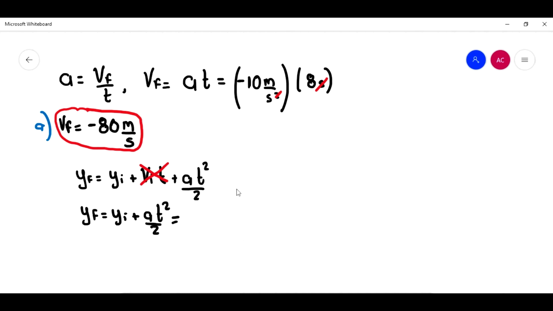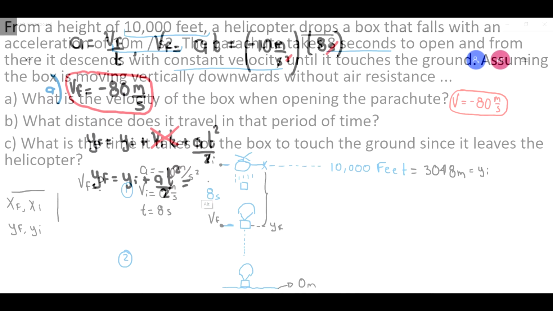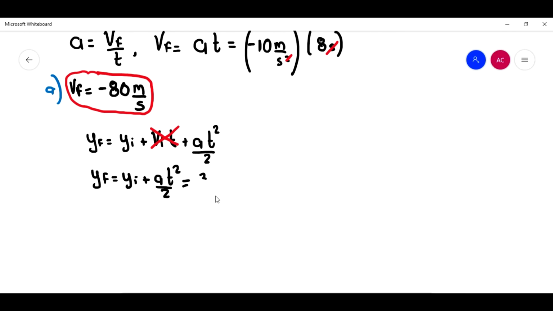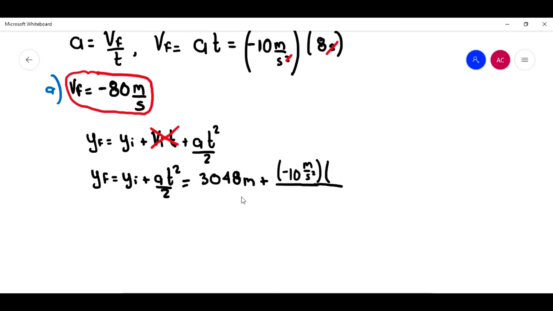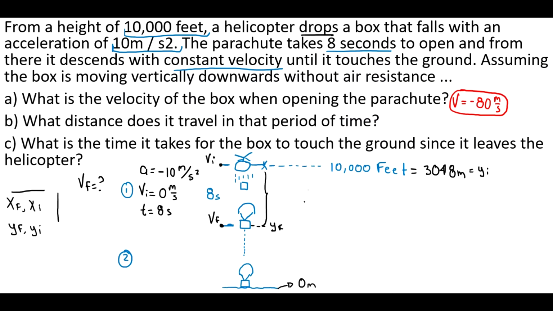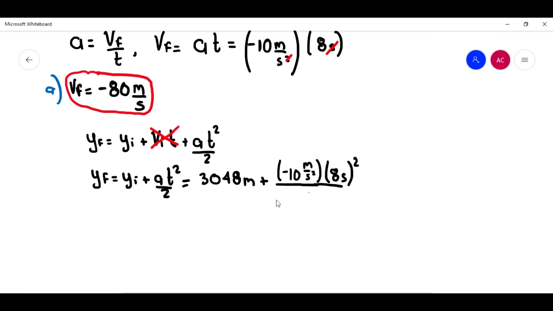So the substitution will be 3,048 meters plus a fraction, the value of the acceleration, minus 10 meters per second square, multiplied by the time, 8 seconds, so 8 seconds square, over 2.